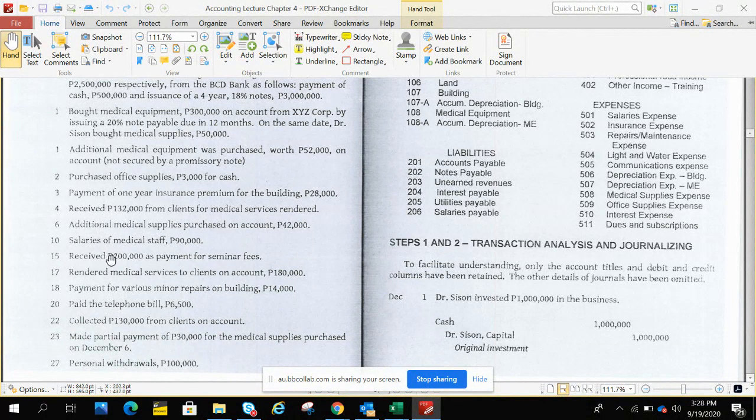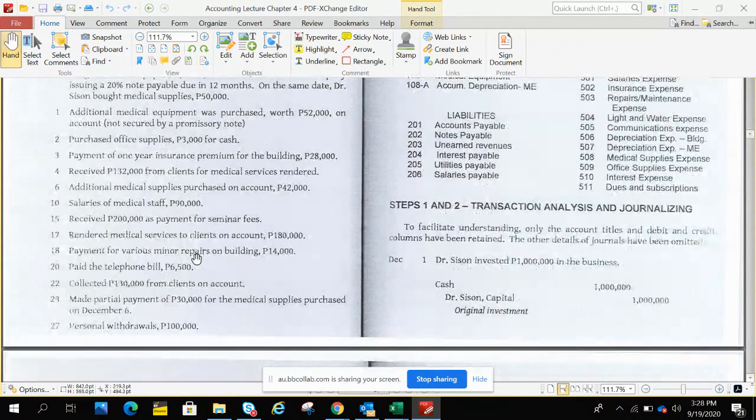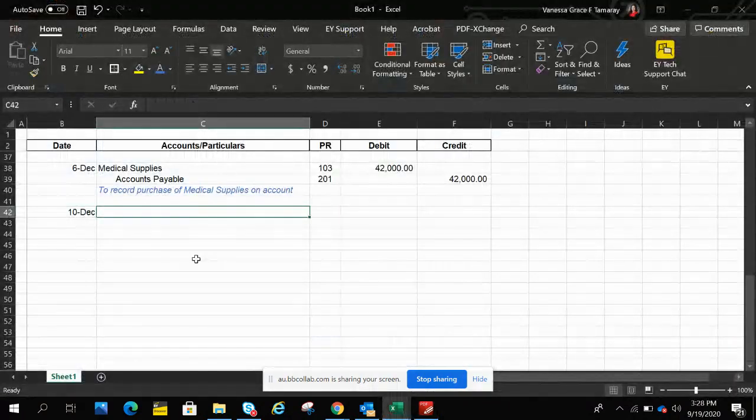Kailangan nakasabi na paid salaries of medical staff. Hindi pwedeng salaries of medical staff ganun lang because it can be interpreted in two ways. It can be either paid or payable. Pero dito, let's assume na it is paid in cash as what is written in the book. Okay? December 10. Salaries of medical staff, 90,000 pesos.